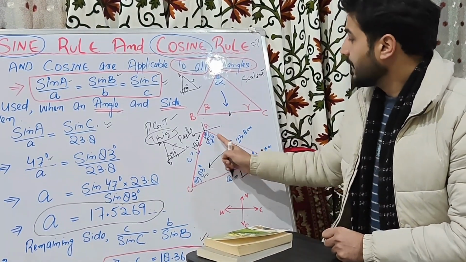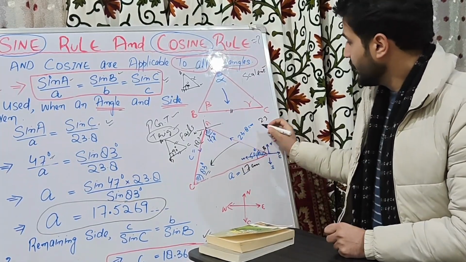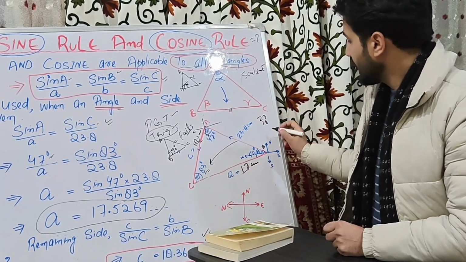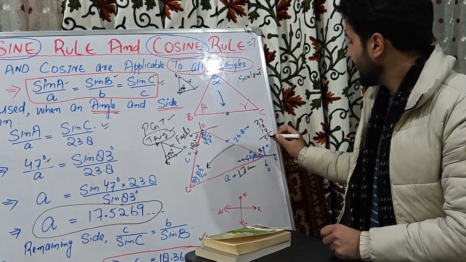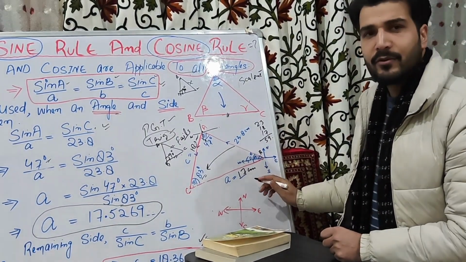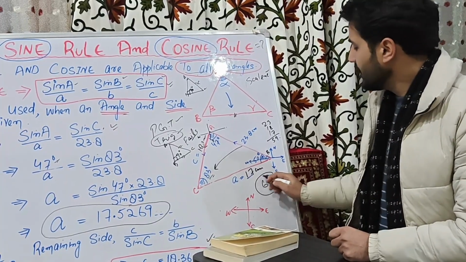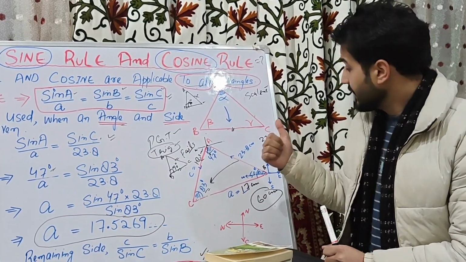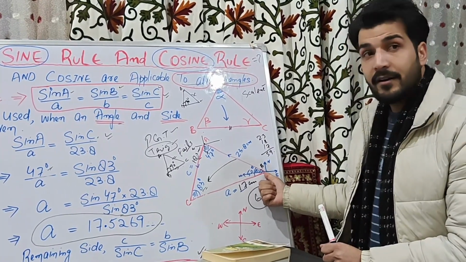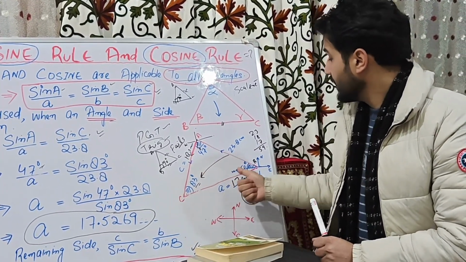We will directly add these up: 23.8 plus 18.3 plus 17, and we get about 59, almost 60 centimeter. So 60 centimeter will be the entire distance that the person covers from point B to point A, from point A to point C, and from point C to point B.